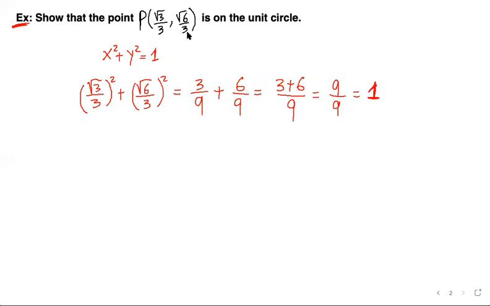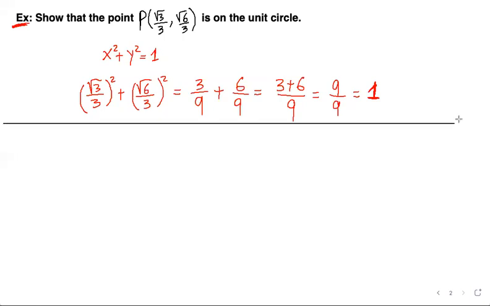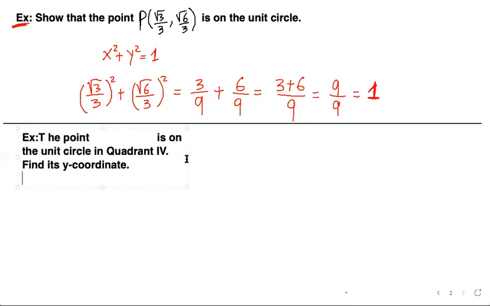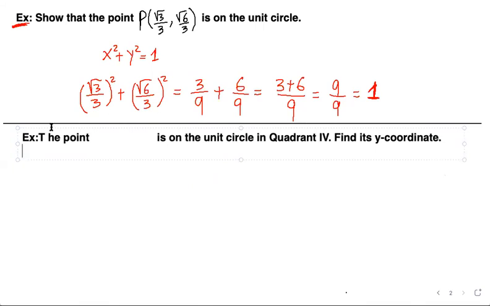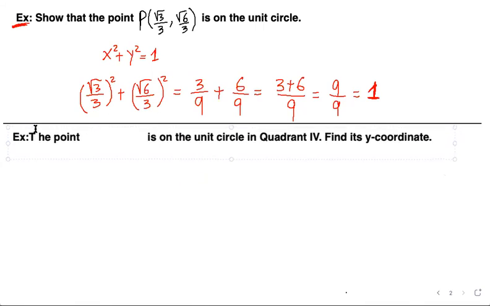Okay, example 2. I give you a point: square root of 3 over 2, comma y.